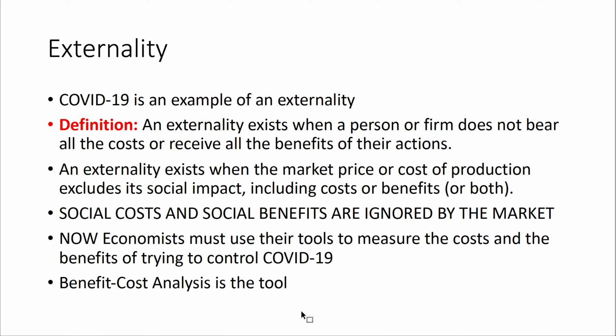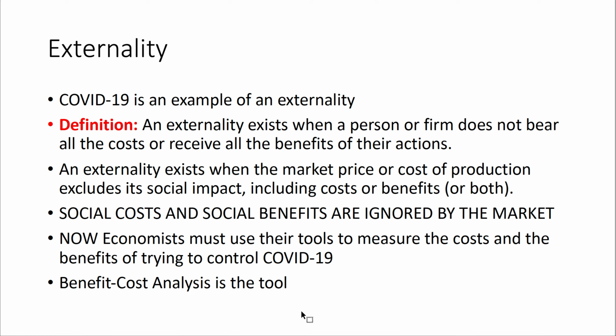An externality exists when a person or a firm doesn't bear all the costs or receive all the benefits of their actions. Again, if you plant flowers in your yard and I walk by and I enjoy the flowers, I don't pay you because you planted flowers. Or if you put up some obnoxious, inflammatory sign and I walk by and it really makes me angry or it really upsets me, you don't pay me because all of a sudden I'm upset or I'm angered, right?